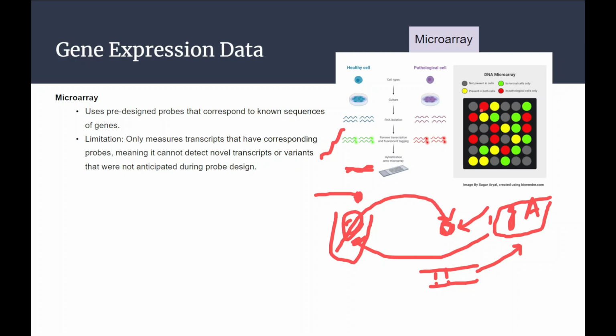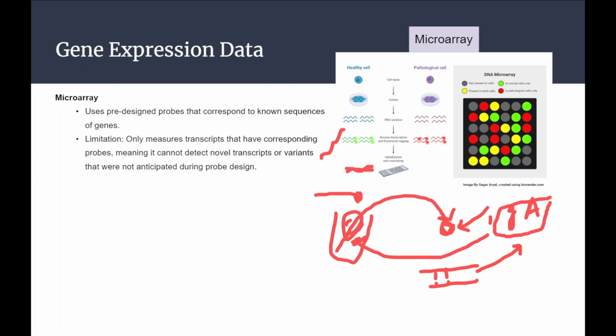If you are getting a red signal, it means the gene is present. Let's say I added a probe for gene B and I got a red signal. It means the expression profile for gene B is present within the infected sample, but it is absent in the healthy sample. If you are getting a yellow signal, what does it mean?